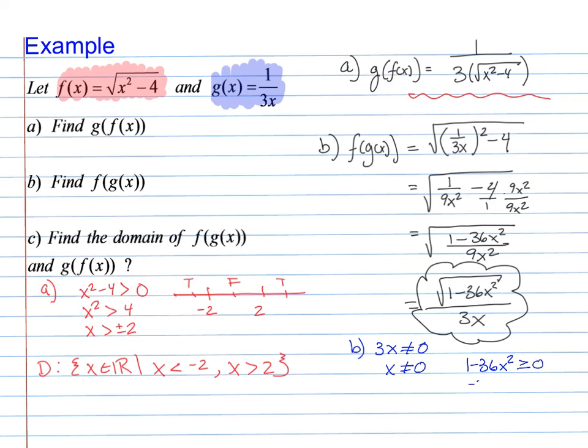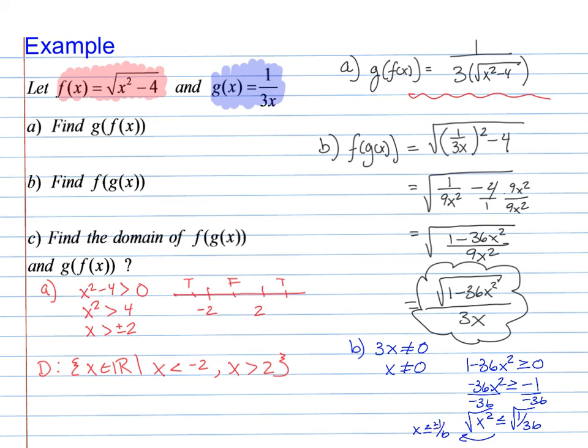Subtract the 1 to the other side, and we're going to have -1. Divide both sides by -36. We're going to have x squared, switch the sign, less than or equal to 1 over 36. Take the square root of both sides, and you're going to get that x has to be less than or equal to 1/6.